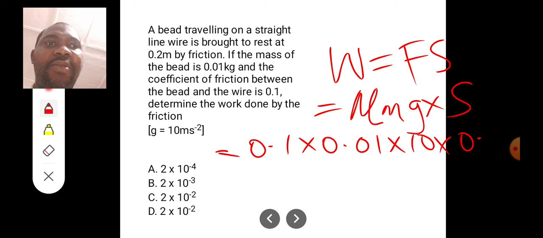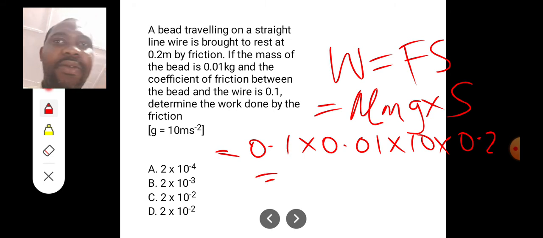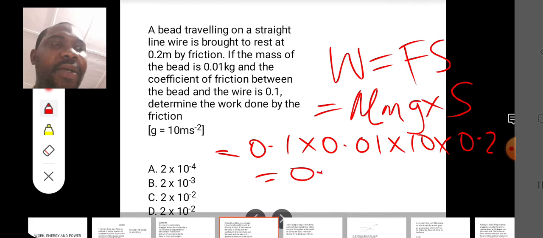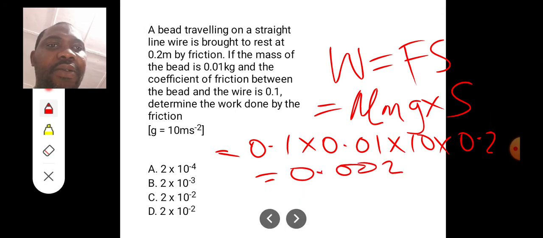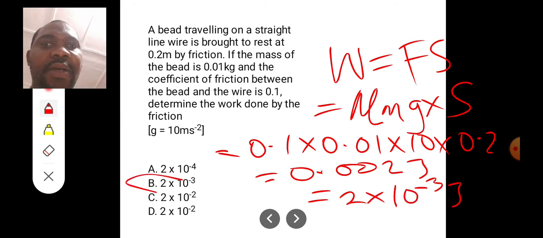Now let me quickly use my calculator here. Times 10 times 0.2, we get 0.002 joules, which of course means 2 times 10 raised to the power minus 3 joules. So the answer here is B.